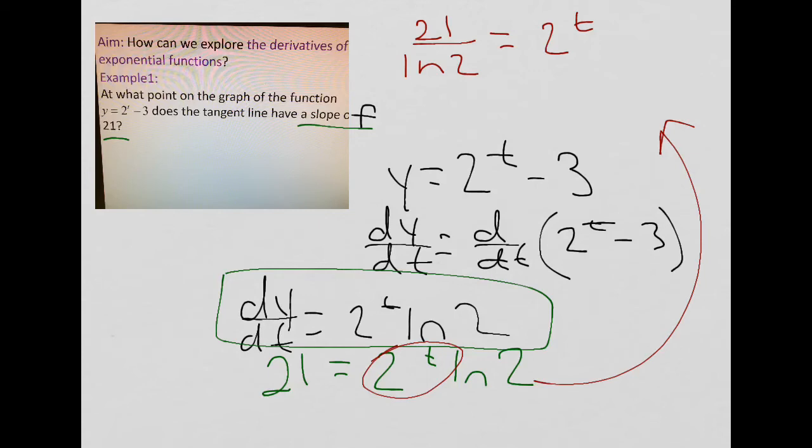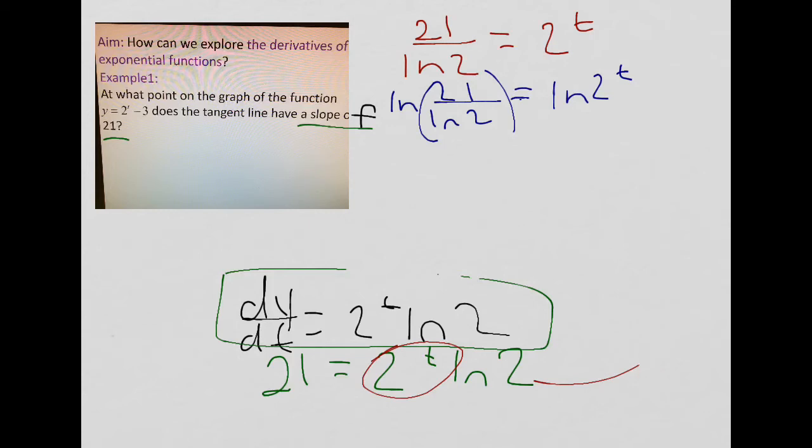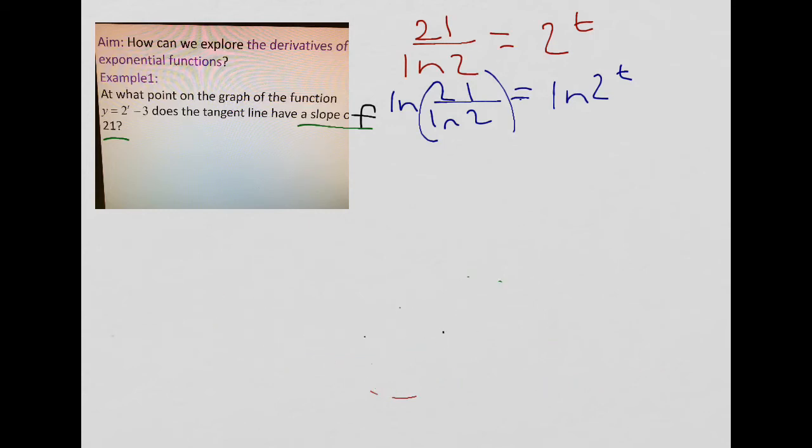So we want to say that we have the natural log on both sides. A common log will also work, but we use natural logs here. And the reason we do this is because we have the properties of logs to kind of break up and get that exponent by itself.